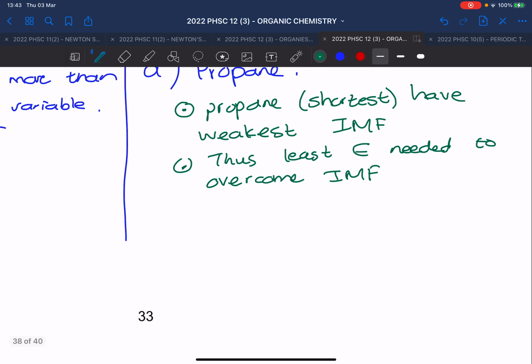So propane, because it's the shortest, has the weakest intermolecular forces, thus it needs the least amount of energy to overcome the intermolecular forces.